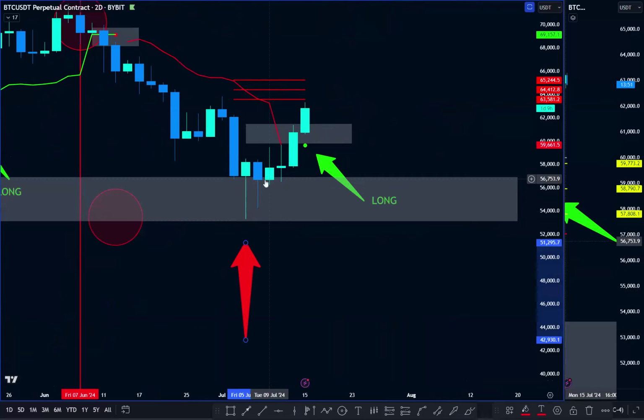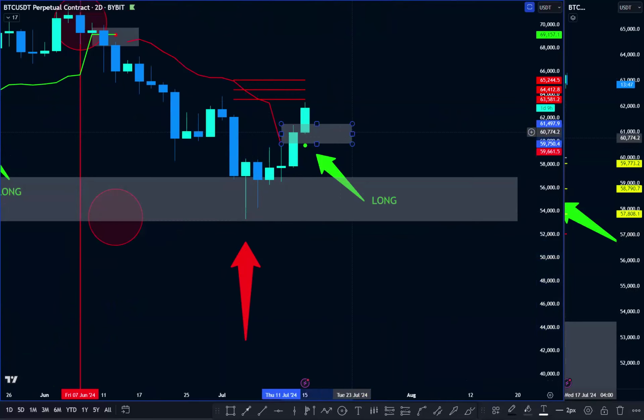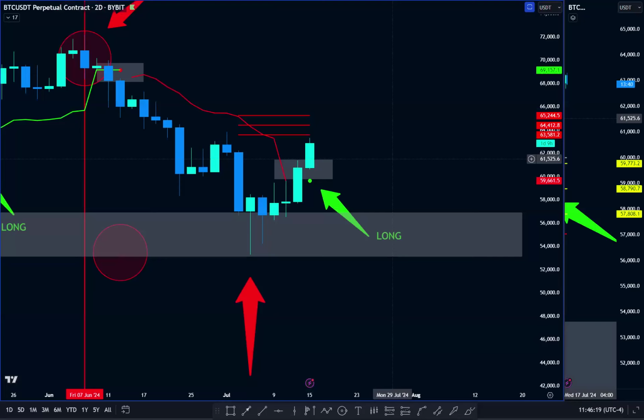And then all of a sudden we get these movements, and then we get another imbalance. This imbalance over here confirms that in fact there is an influx of buyers that just stepped into the market, because it created this candle separation. This candle separation is letting us know that there's an imbalance of price now.